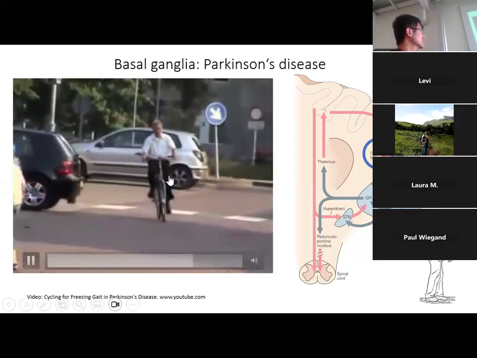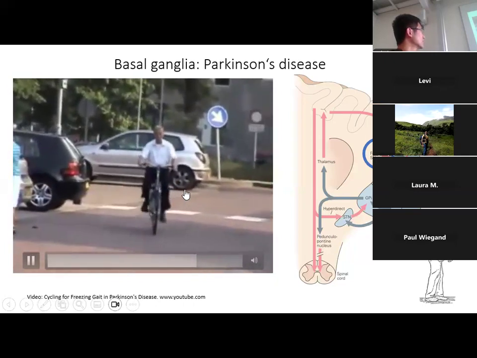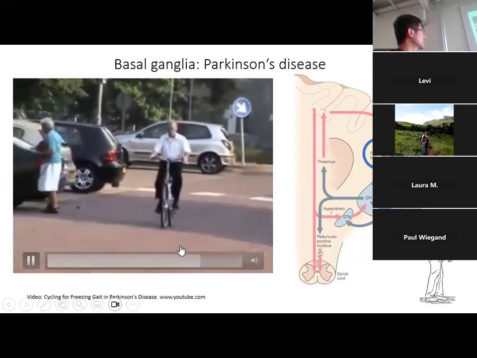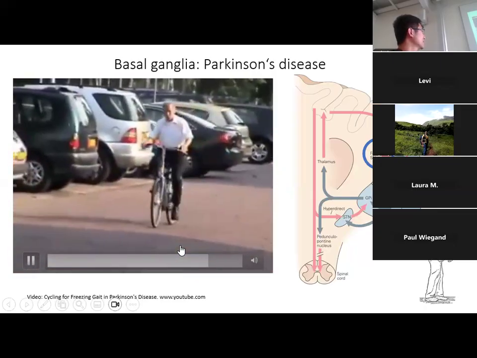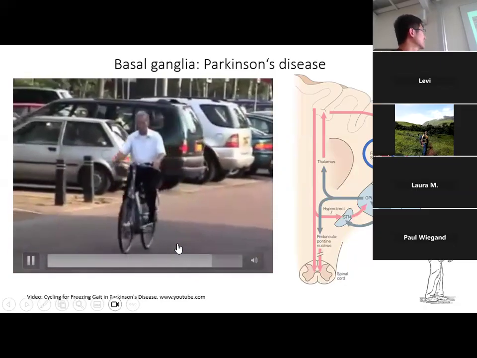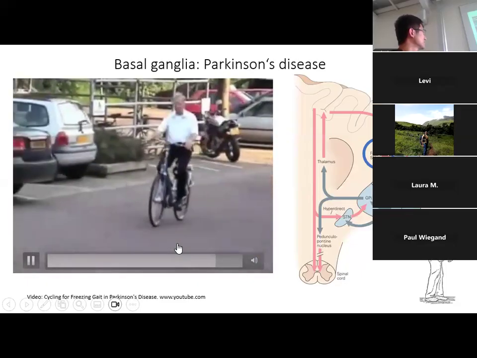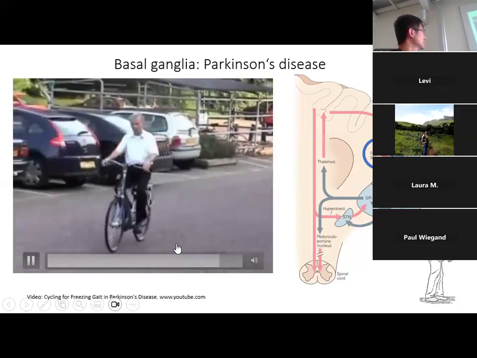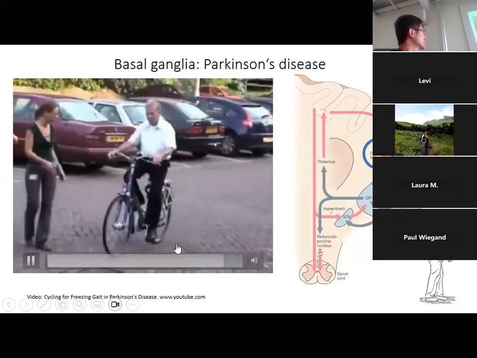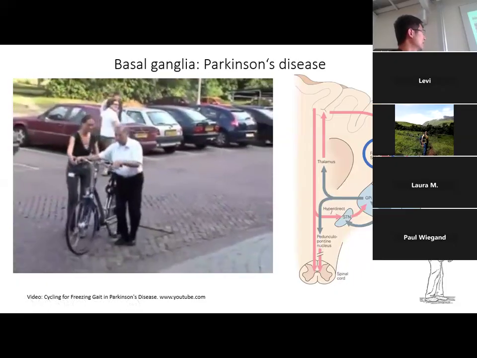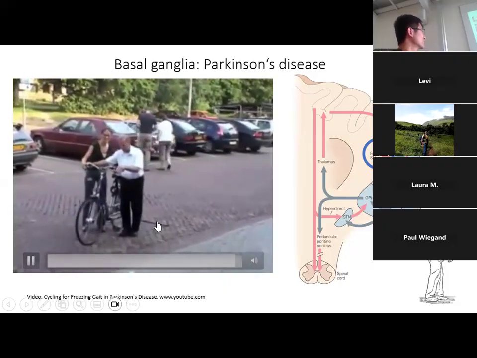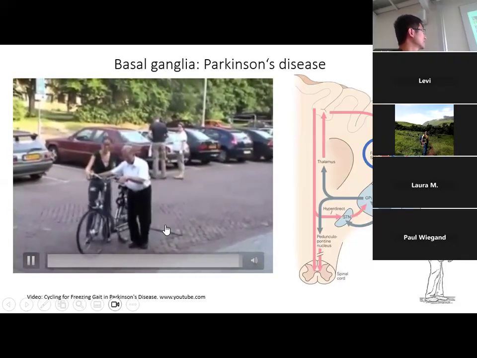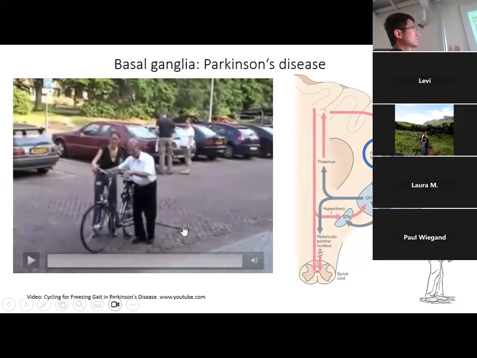In this case, everything seems normal in this person. And then as soon as he steps off, he's freezing again. You see, he cannot move. That is what happens with these Parkinson's patients.